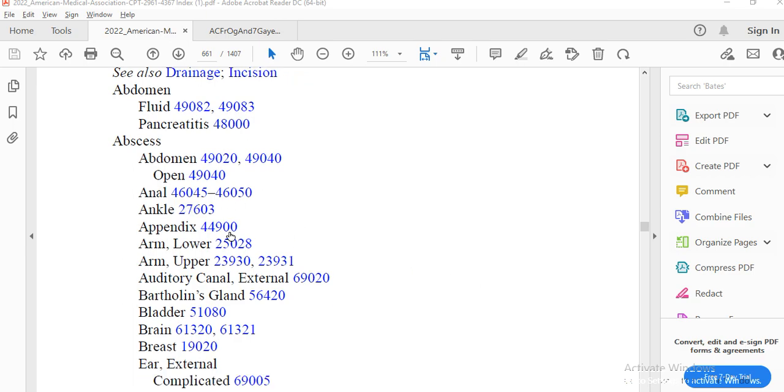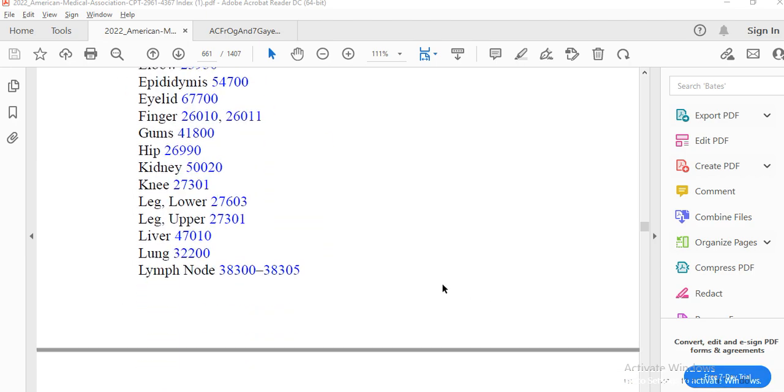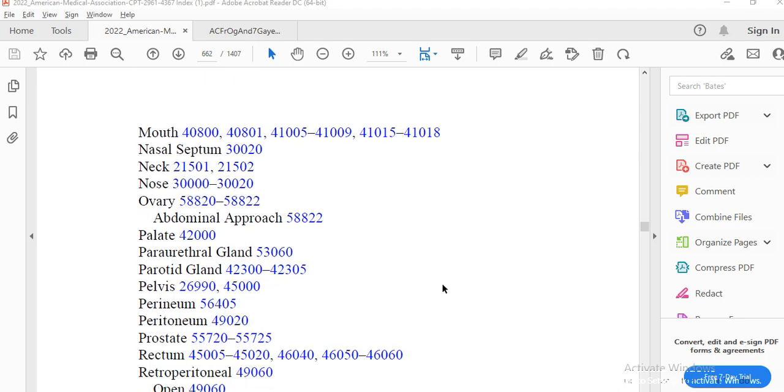See abdomen, anal canal, ankle, appendix, arm, lower. So basically, anywhere we can get the abscess, and we have separate codes for each and every abscess location, incision and drainage. Almost every area has the separate codes for abscess I&D.